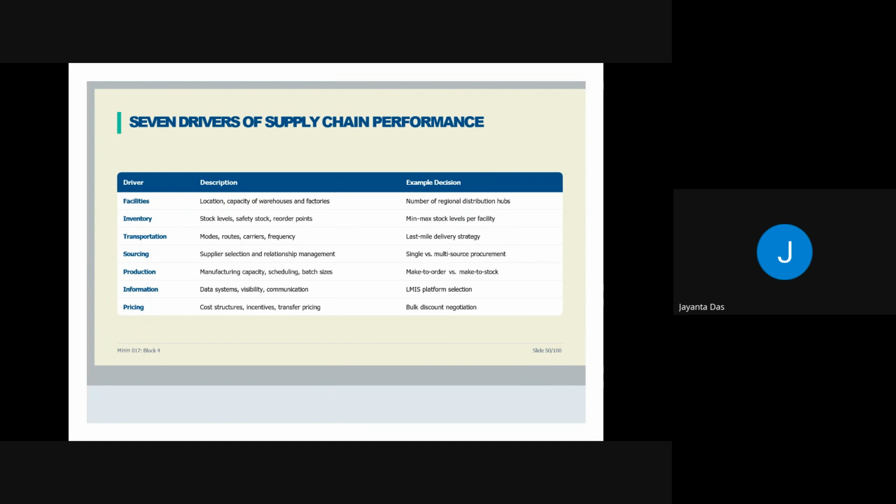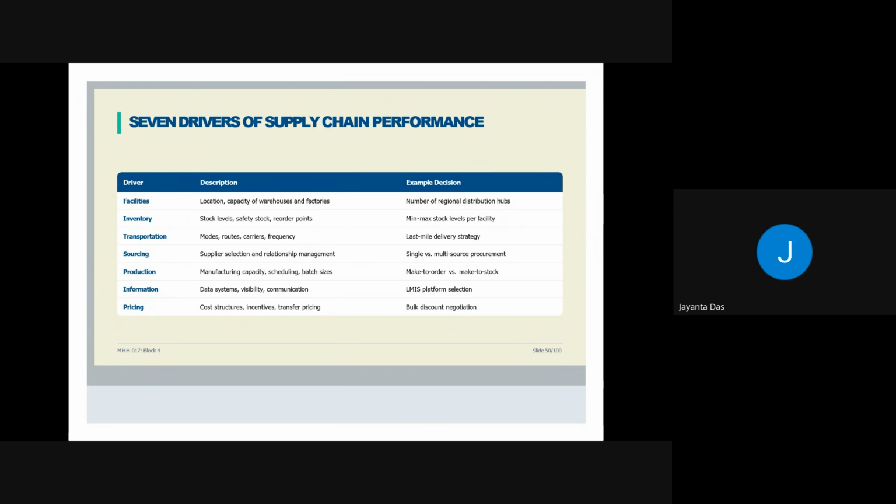We should be vigilant about that, and we should see to it that those things are taken care of well in time. Then production, that is manufacturing capacity, scheduling, batch sizes. These are particularly relevant for make-to-order or make-to-stock situations, where you are asking the manufacturer to produce something for you, some tailor-made kind of thing.